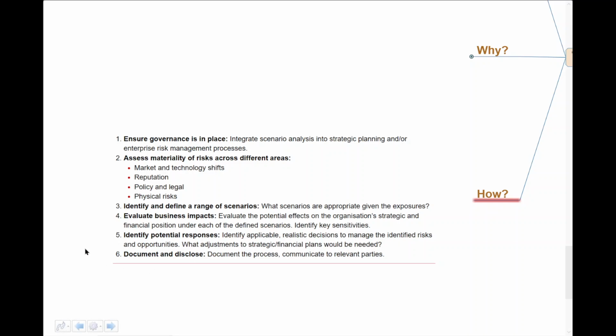Number 6, document and disclose. Put your findings based on 1 to 6, and particularly 2 to 5, in writing. Document the process and communicate it with relevant parties. That could be key stakeholders, the board, shareholders, management, and so on.